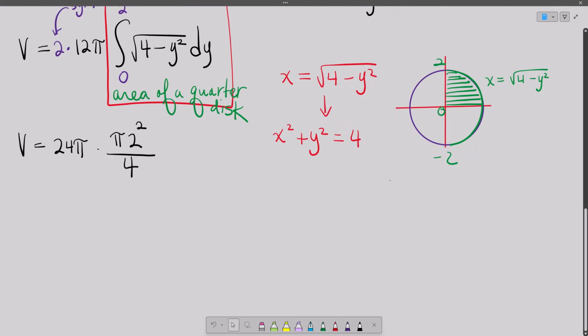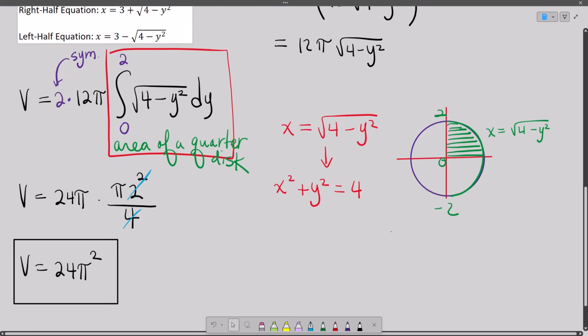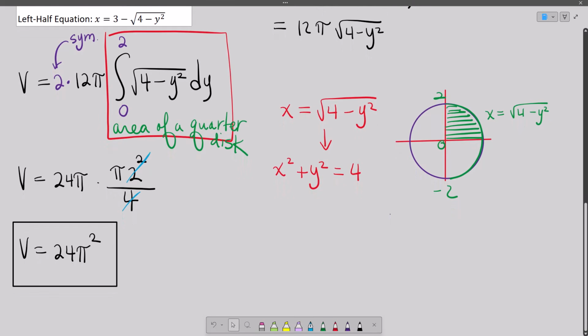So when all is said and done, our volume becomes 24 pi squared, because those 4's cancel. This is a 4 in the numerator, and that cancels with that one. So there are times where we need to use our geometry to evaluate an integral, because the function in the integral is not integrable.